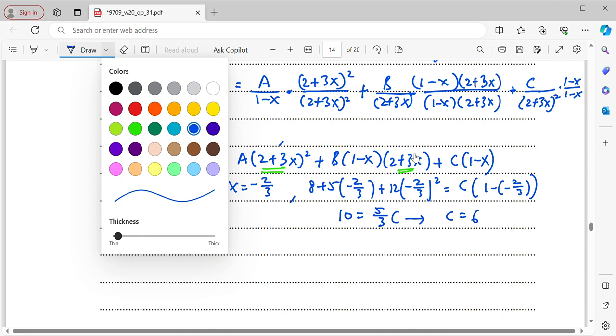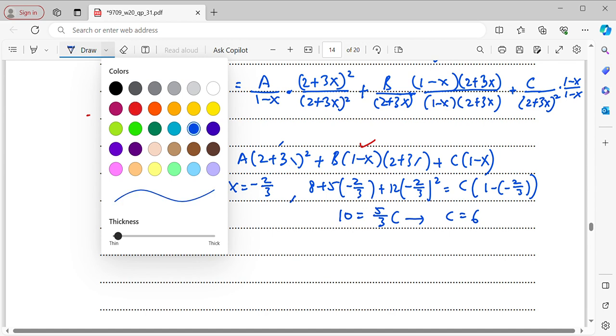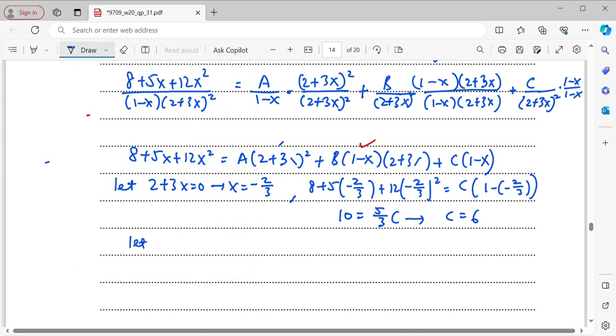Now, the next factor that I'm going to let be 0 will be 1 minus x, not 1 plus x. Let 1 minus x be 0. Therefore, x is going to be 1.